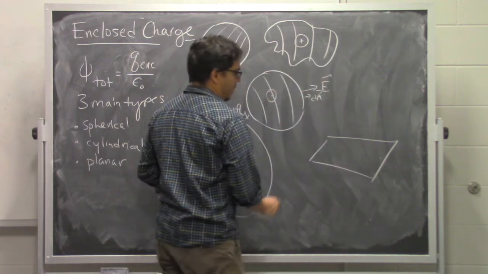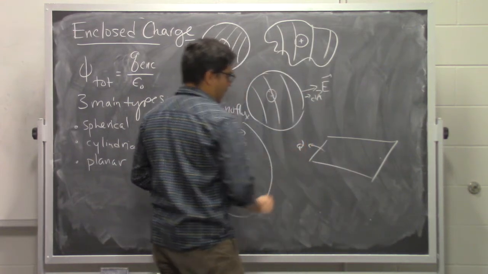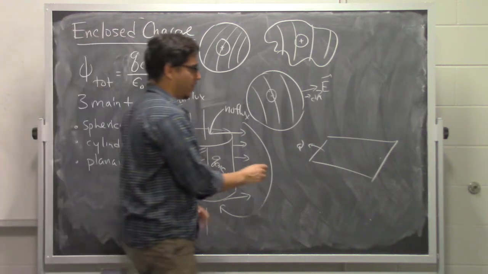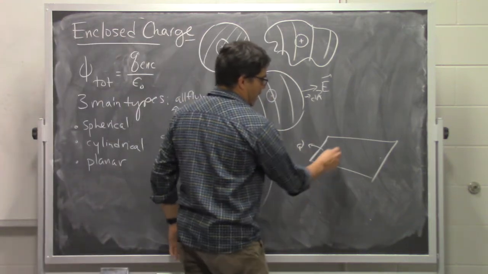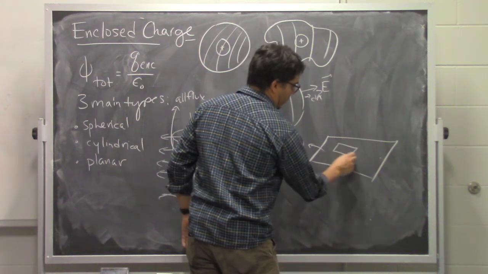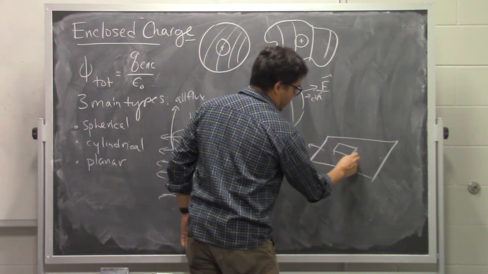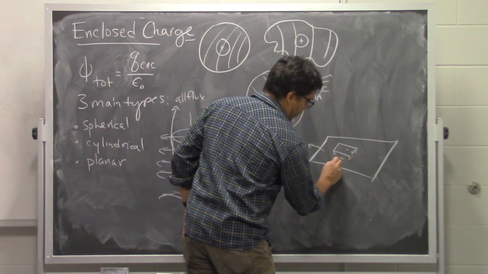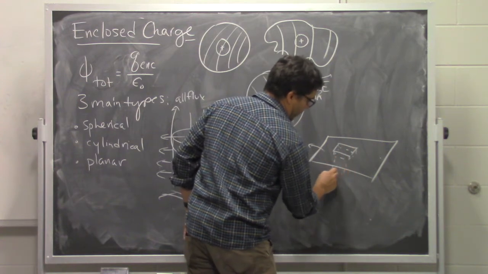Now the last geometry is what we'd call a planar geometry. So this is a flat plane of charge. So there's some amount of charge that's sitting all over this surface, uniformly distributed across the surface. And the way that we would go about dealing with that is drawing what we would call a pillbox that intersects with the surface, like this, above and below. So I'll just draw it a little bit longer.